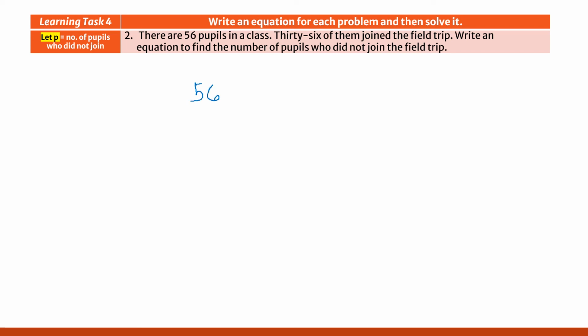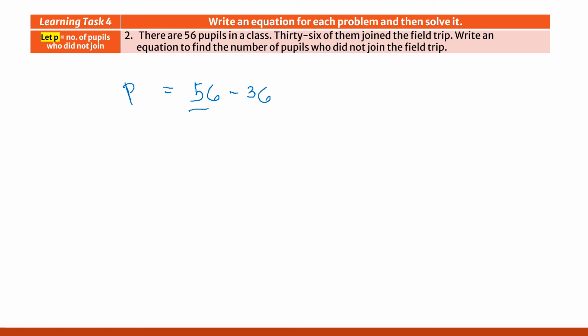Tapos, sabi dito, 36 of them joined the field trip. Ay di, gawin na natin minus 36. Okay? Is equal to what? P. So, by the way, yung P natin dito ay number of pupils who did not join the trip. Ano? So, paano nga nangyari itong P equals 56 minus 36?